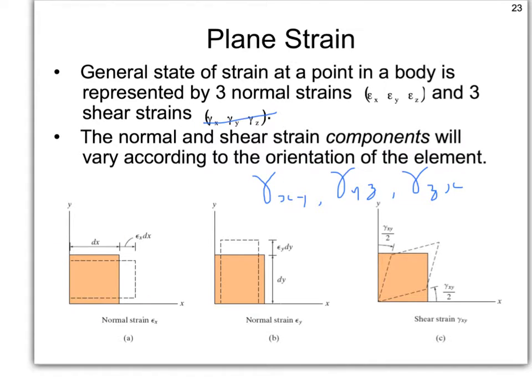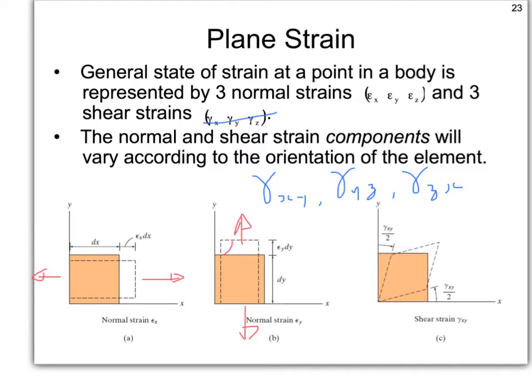Down here we have the normal strain in the X direction, so we may have just a force pulling in this direction, or a stress in this direction, to extend that elemental square and elongate it, changing its length in the X direction. Similarly in the Y direction we have a normal strain, where the angle between the sides stays at 90 degrees, showing that that's a normal strain.